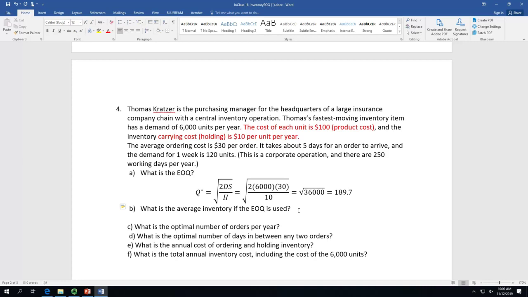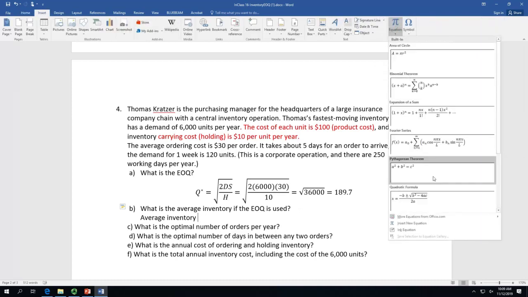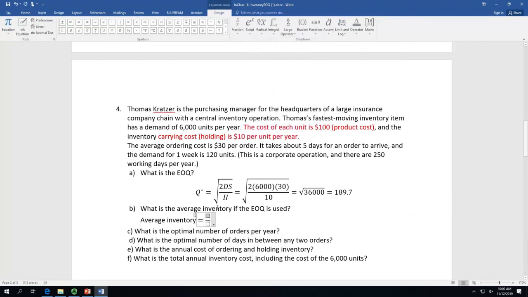Remember we said that the average inventory equals Q divided by 2.